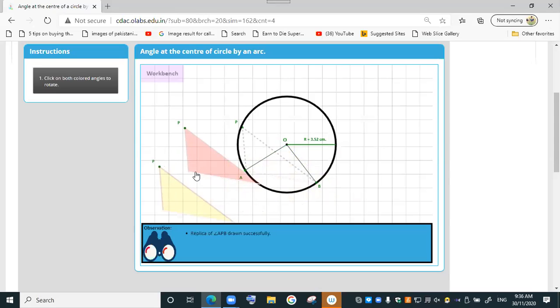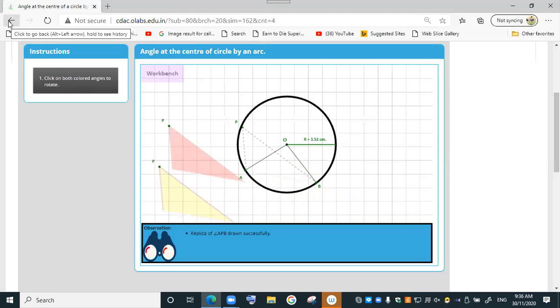How to rotate it? This is not rotating. So we have to rotate and adjust here.